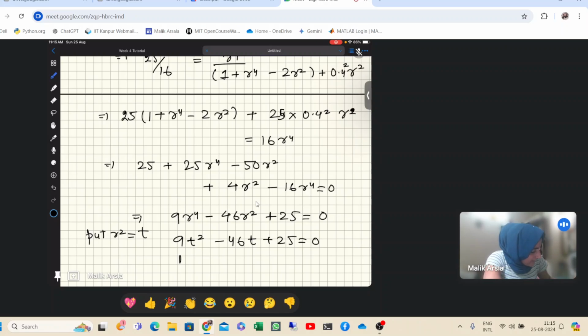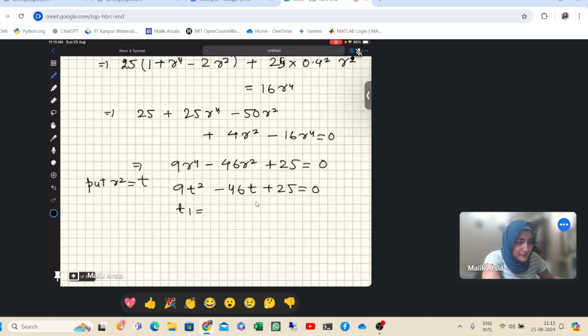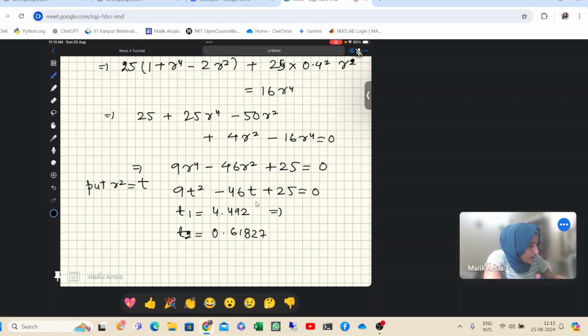Here when we find the roots, T1 comes out to be 4.492 and T2 comes out to be 0.61827. Okay, from here when we take the root, R1 is equal to 2.119. We don't take the negative values, and R2 will be basically 0.789.